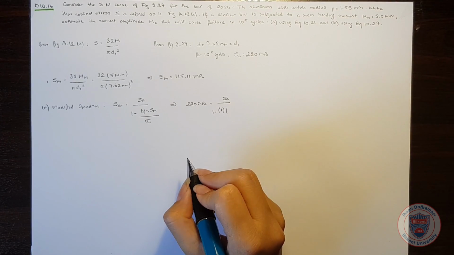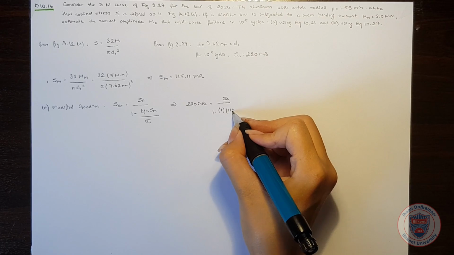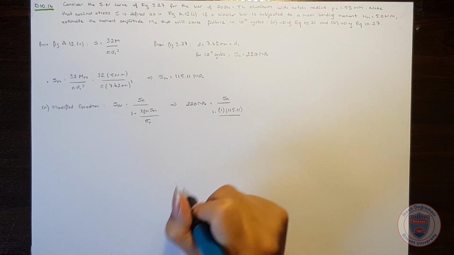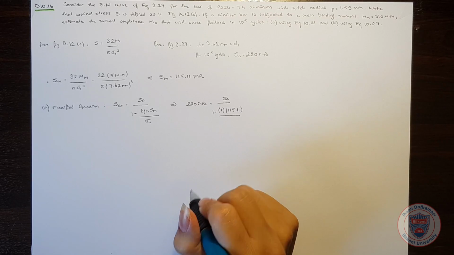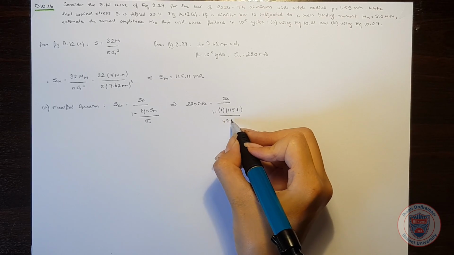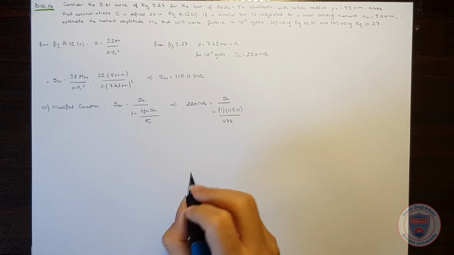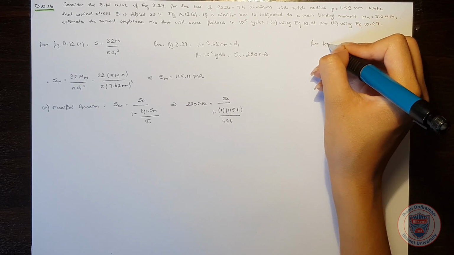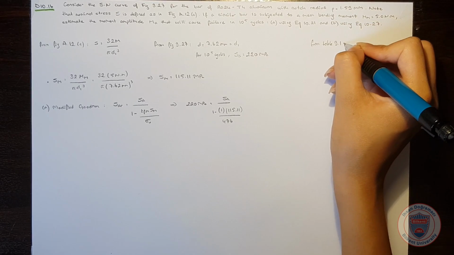And we know that Sm is equal to 115.11 and sigma u is equal to 476 MPa from table 9.1.